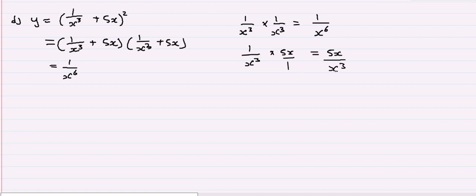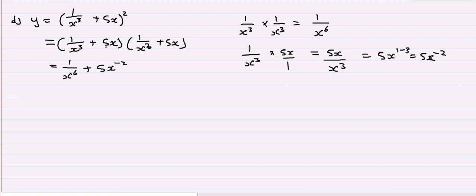When we divide powers with the same base, we subtract the exponents. This is the same as 5x^(1−3), which is 5x⁻². So we are going to say this is the same as plus 5x⁻².